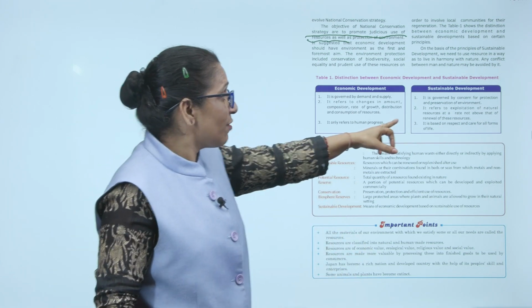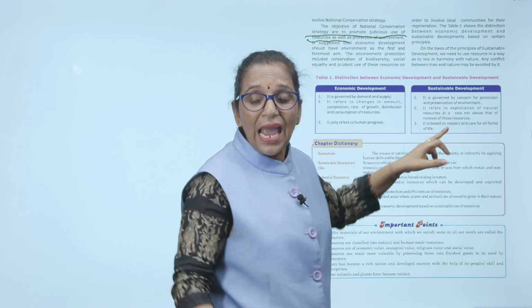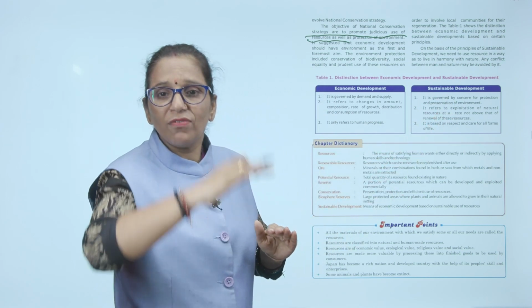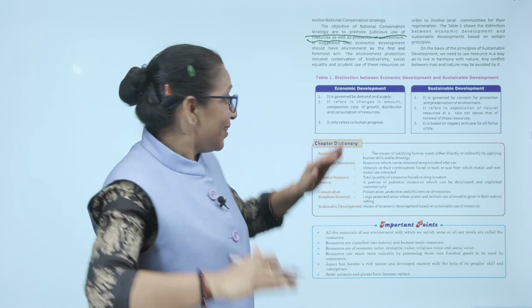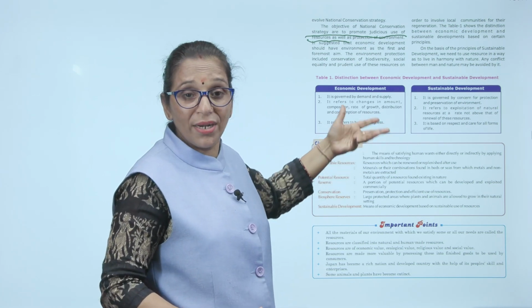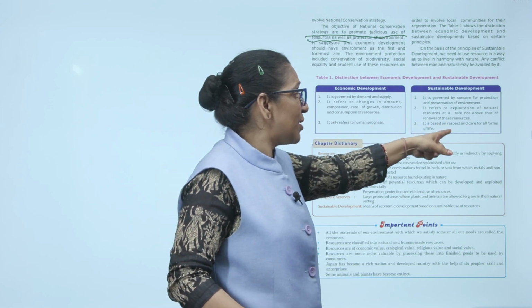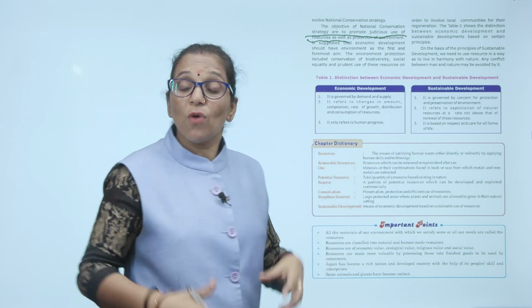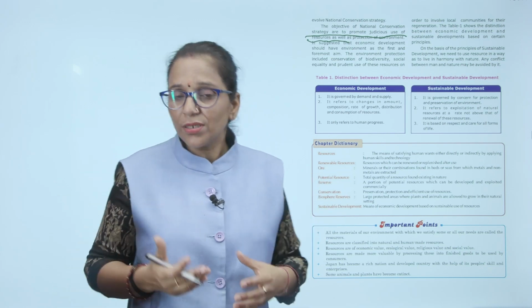But sustainable development refers to exploitation of resources at a rate not above that of renewal of these resources. Then third, economic development only sees human progress, but sustainable development is based on respect and care of all forms of life in nature. So that's the end of the chapter.